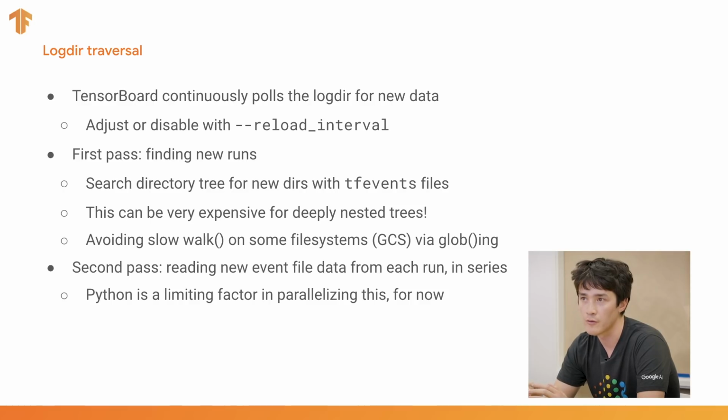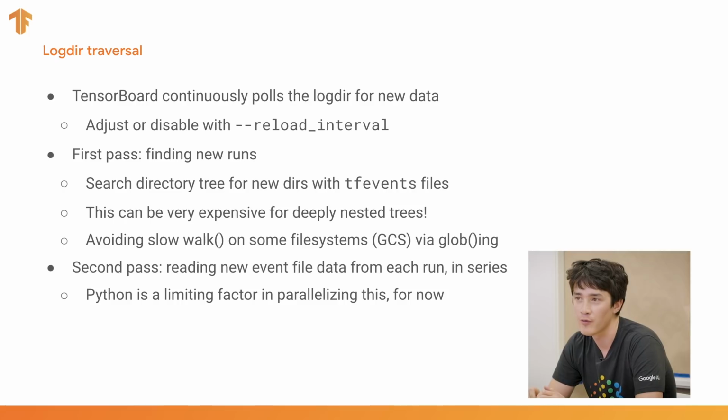So when it's traversing the log directory, it does this in 2 passes. The first pass is finding new runs. So it searches the directory tree for new directories with tf event files in them. This can be very expensive if your tree is deeply nested, and especially if it's on a remote file system, and especially if the remote file system is on a different continent, which I've seen sometimes. So a key here is that walking the whole directory tree can be pretty slow.